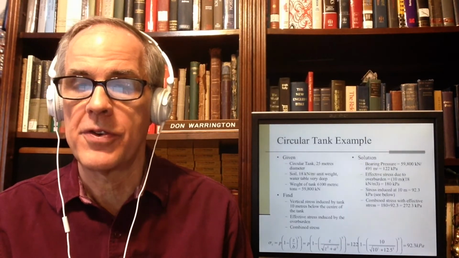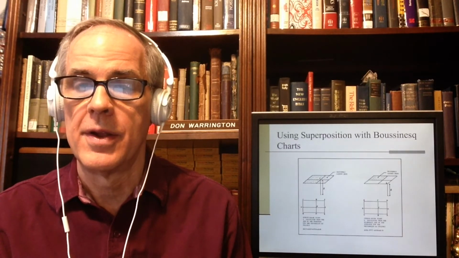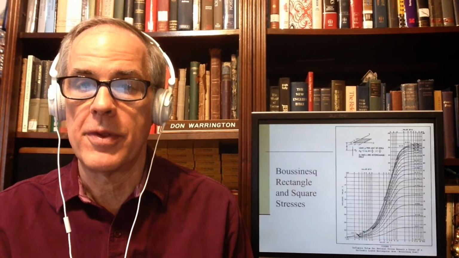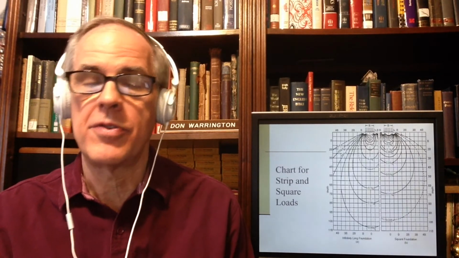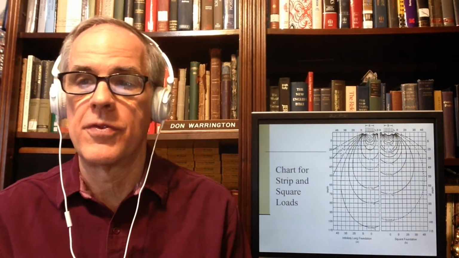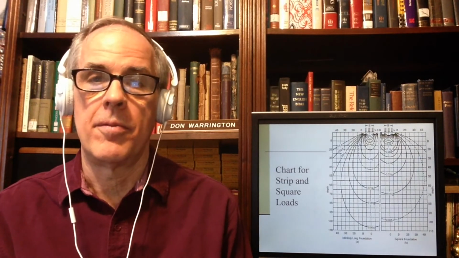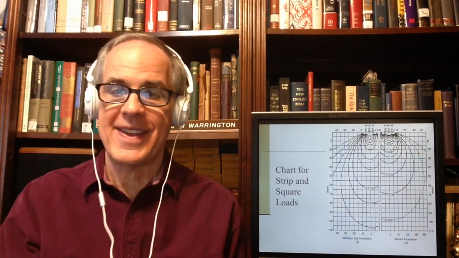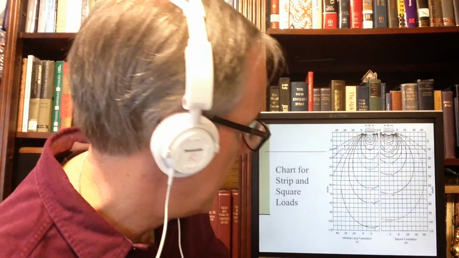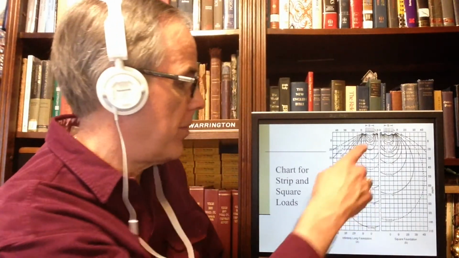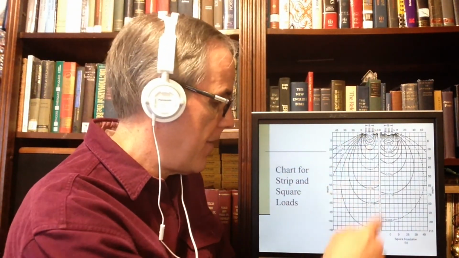And I would strongly suggest you check this for yourself until you get the results you want, or at least line up with theirs. They're probably using this thing for their result. And they're only looking at, let's see, this is a strip load, so we use this side. Infinite long foundation equals strip load.